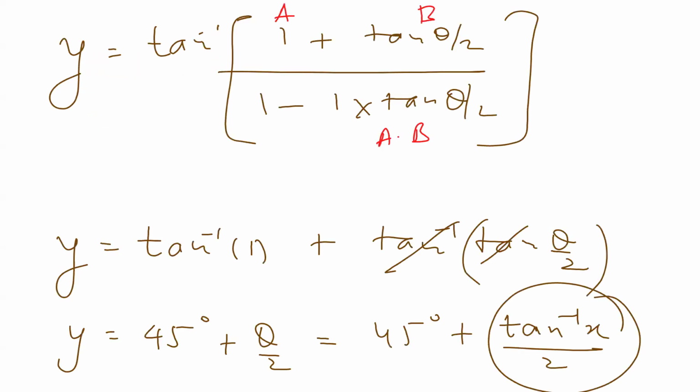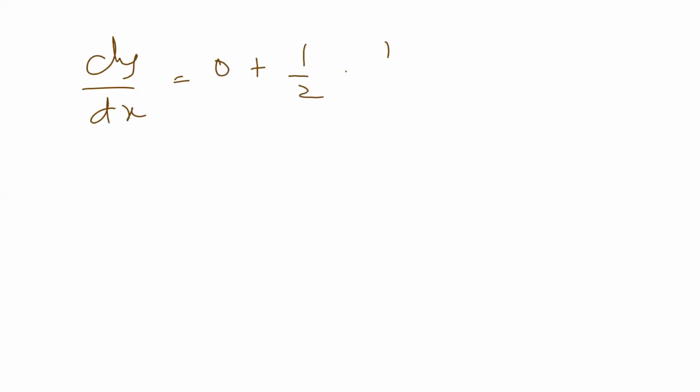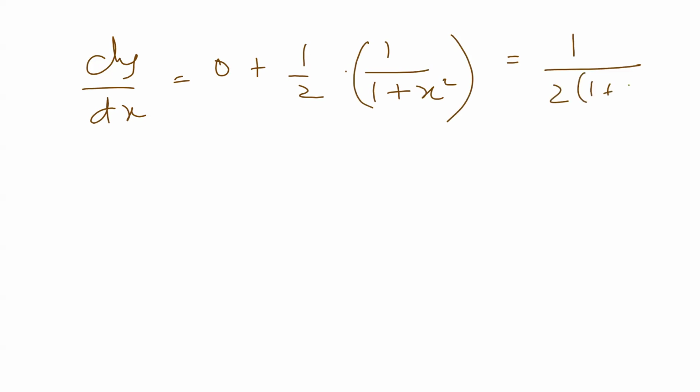Out of this, half will come outside, and derivative of tan inverse of x is 1 upon 1 plus x square. So half into 1 upon 1 plus x square. So this is equal to 1 upon 2 into (1 plus x square). So that was your question number 25, sub question 1. Okay, let us go to question number 25, sub question 2.